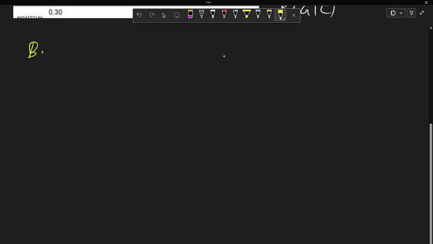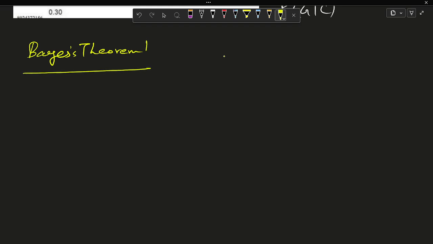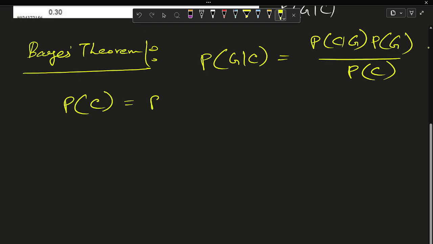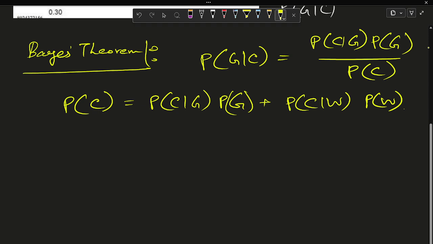The Bayes theorem is stated as P(G|C) equals P(C|G) times PG, divided by PC. And PC is equal to P(C|G) into PG, plus P(C|W) into PW.